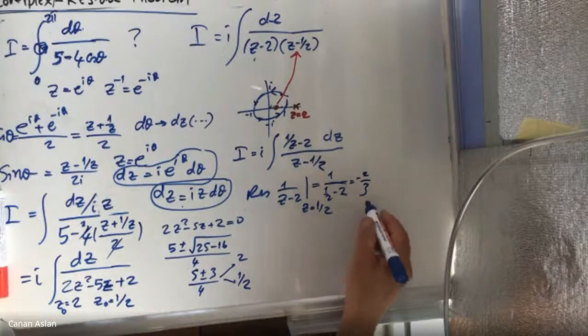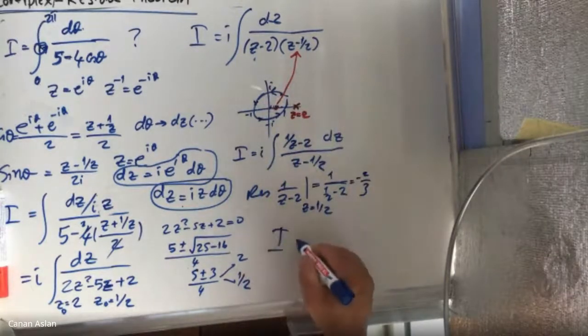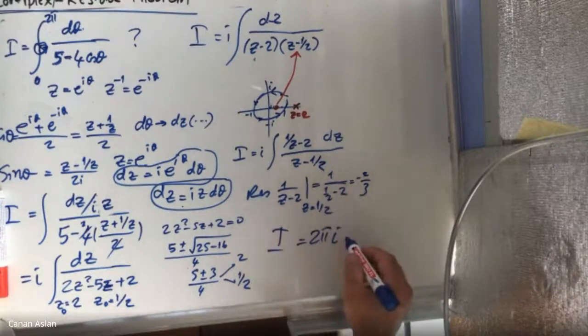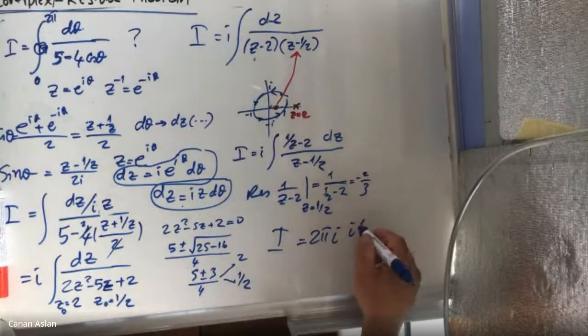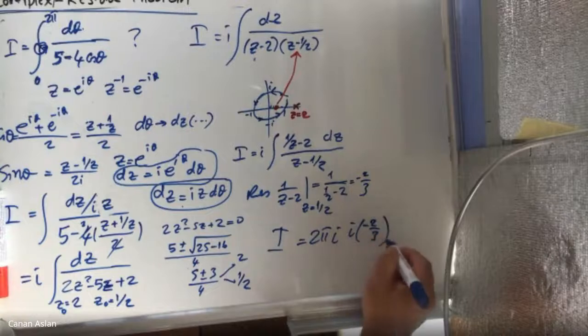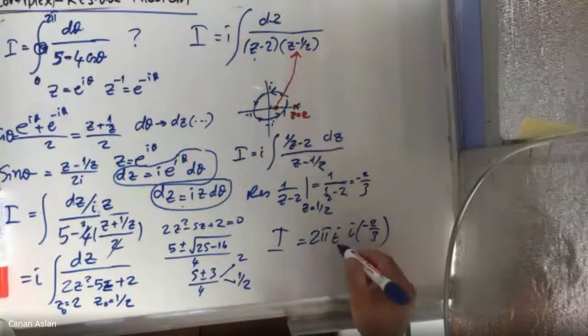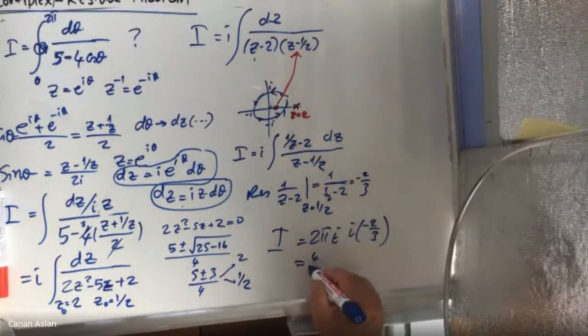Now what is the result for this function? The integral is just 2 pi i times the total residue. But don't forget this i, there is another i there, times minus 2 over 3. Now the i's will cancel, it will produce a minus sign, and this minus sign will go away: 4 over 3 pi.